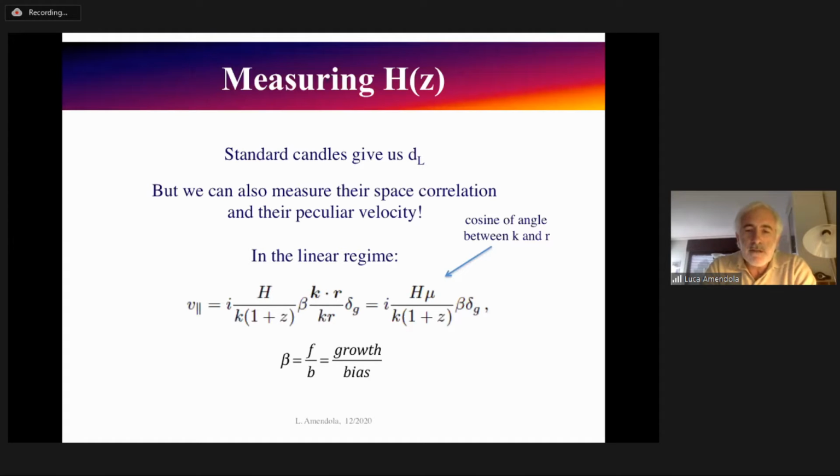On top of that, this is combined with other quantities like z, which of course we can measure directly, and mu and k, which are the cosine of the direction angle, and they of course complicate the calculation a bit. But for the moment, just consider that we need to measure v and delta to get the product between H and beta.